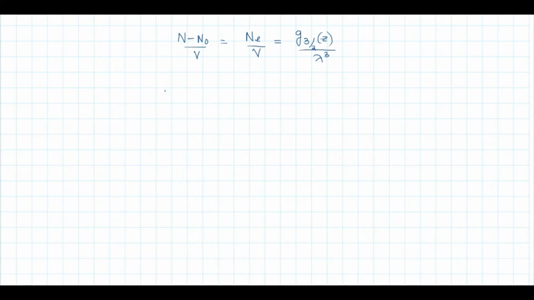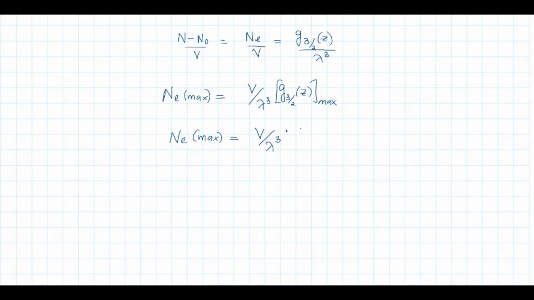So from this equation we can say that Ne maximum is V by lambda cubed into g 3/2 of z maximum, and the maximum value of g 3/2 of z is nothing but 2.612. So we can write Ne maximum as V by lambda cubed into 2.612.